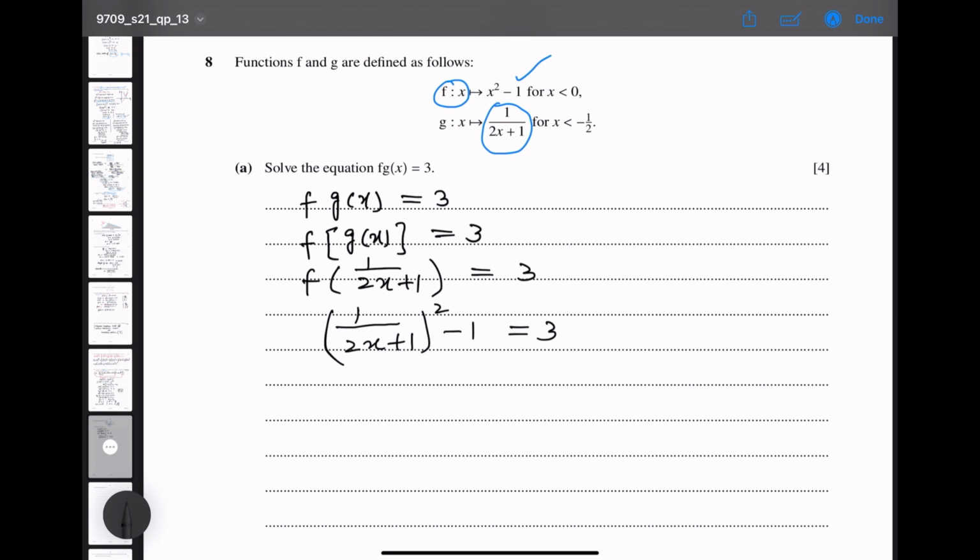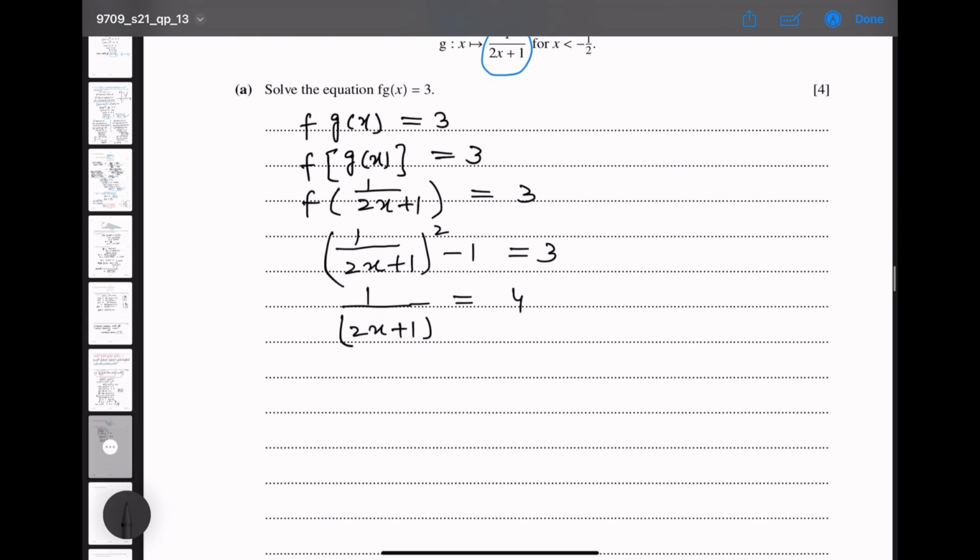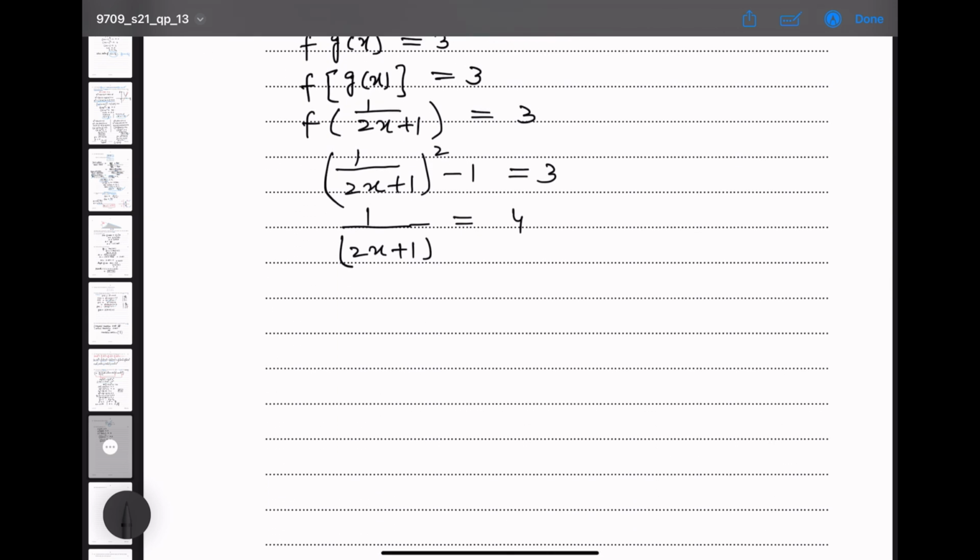So now we can write it as (1 over 2x plus 1) squared is equal to 3 plus 1, moving the 1 to the right. This becomes 4. Taking the reciprocal on each side, (2x plus 1) squared is equal to 1 over 4.